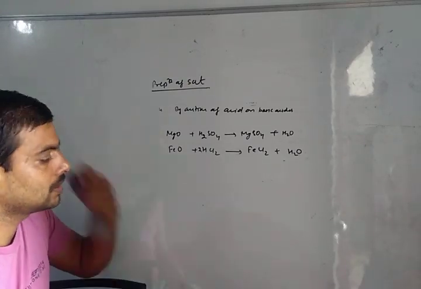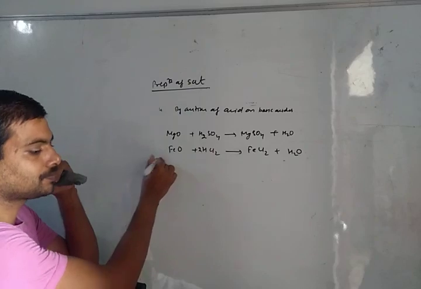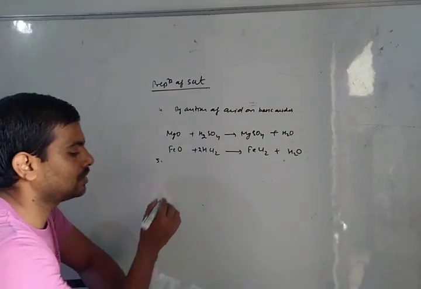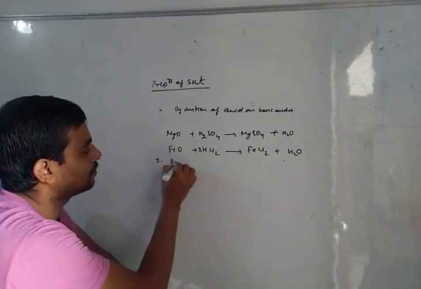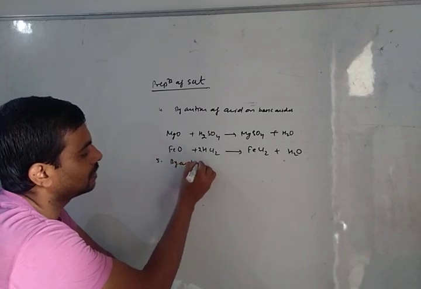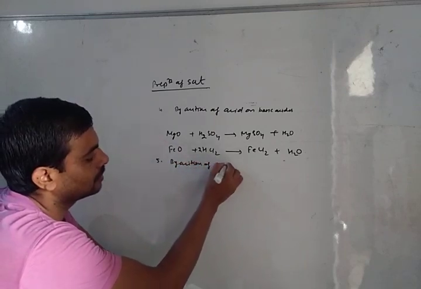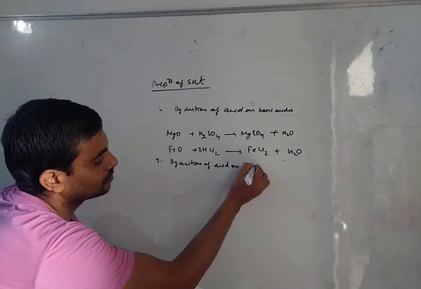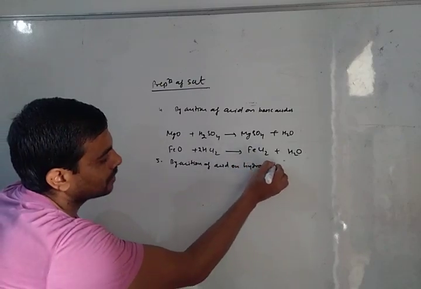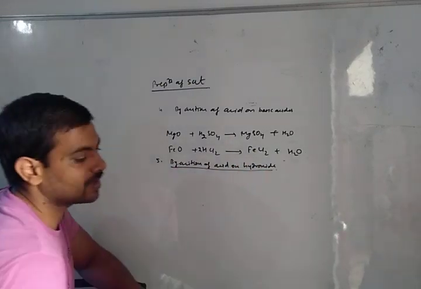Now the fifth method is by action of acid on hydroxide. The hydroxide must be a metal hydroxide.